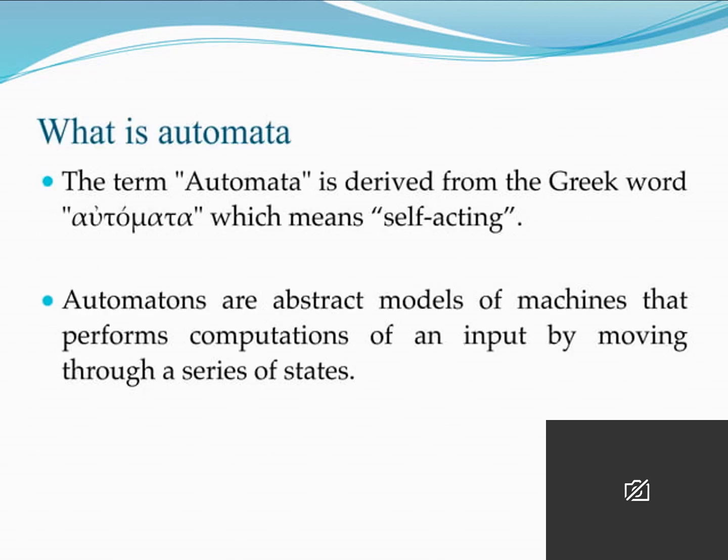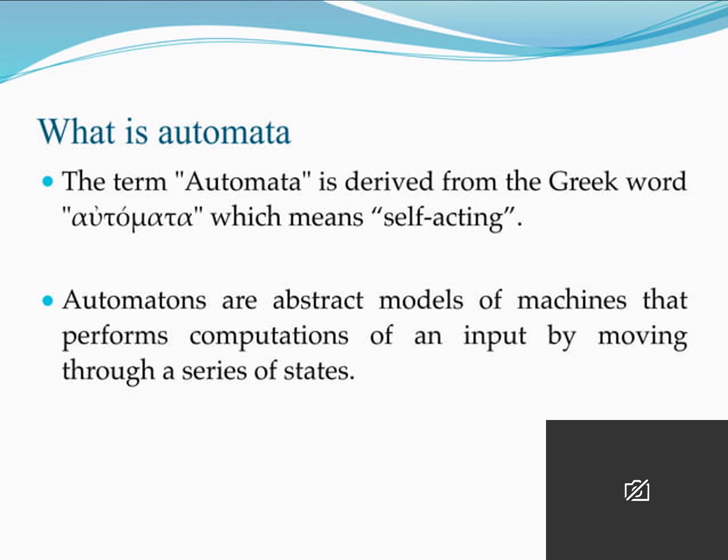First of all, we should know what automata is. Automata is a Greek word which means self-acting. Automata are abstract models of machines that perform computation on an input by moving through a series of states. For example, we will have many states.